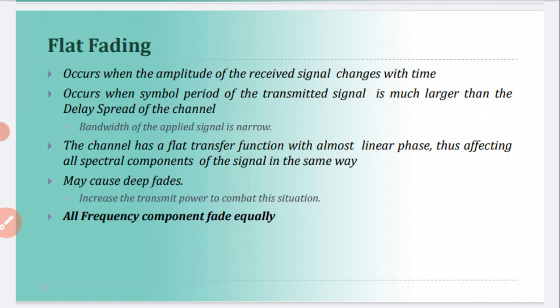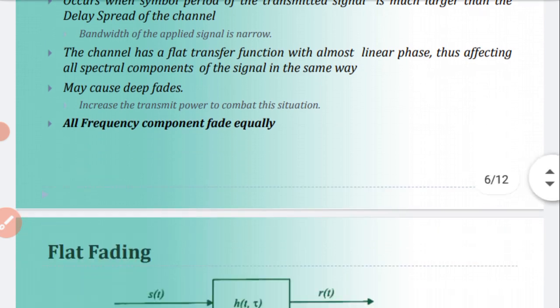If we send strong signals, the effect of this fading will be very low. The main thing is all the frequency components will fade equally, hence the name flat fading.